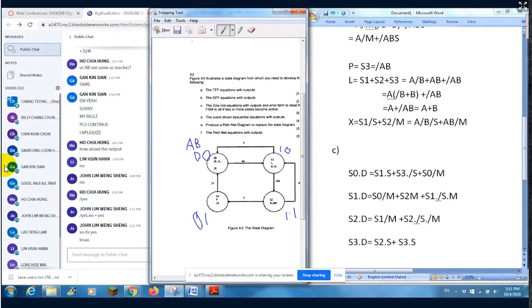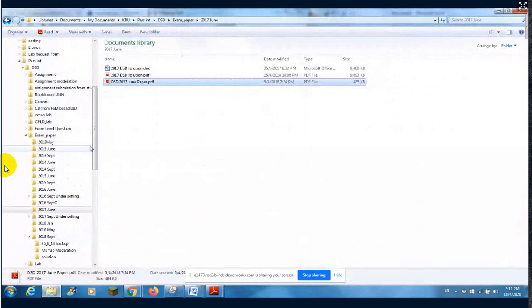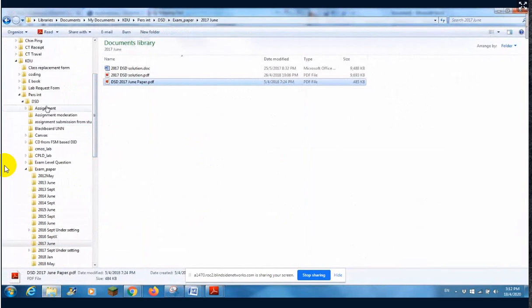So for another one, if you read the question, it says an error term to reset the FSM to S0 if two or more states become active. If you still remember the error statement, let me go to the notes.